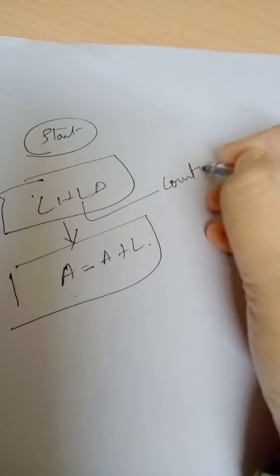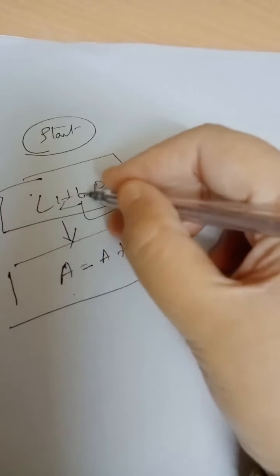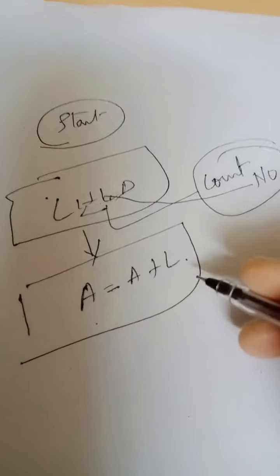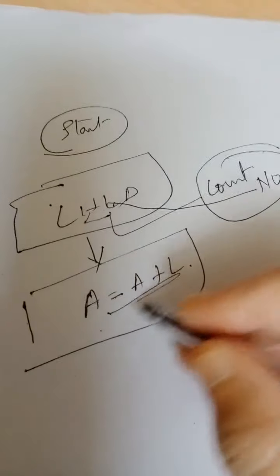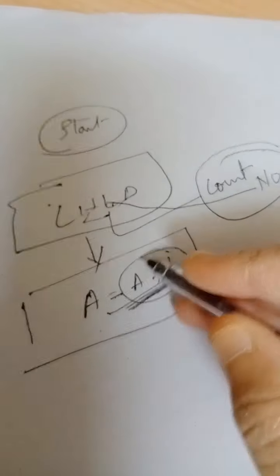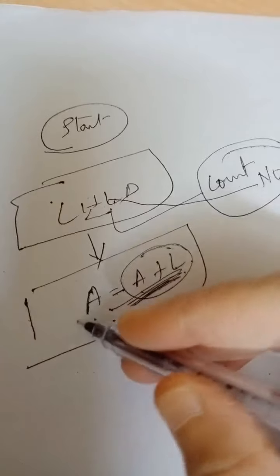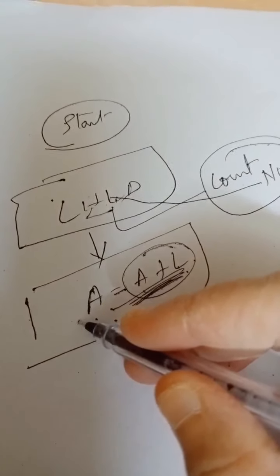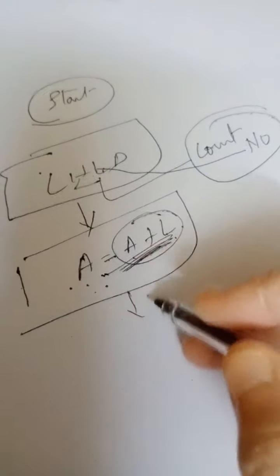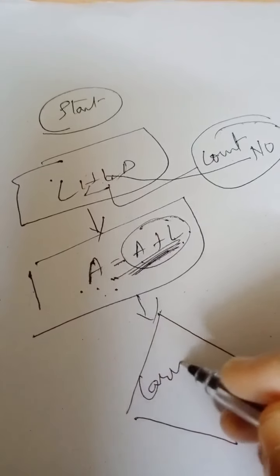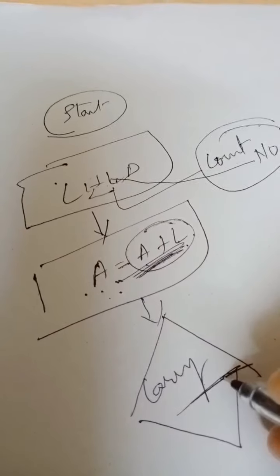Now in this, H is pointing to the count, and L is pointing to the number. Now we are adding the number with the accumulator. Accumulator is 0, and 0 plus any number, the answer will be that number, 2. So the accumulator number will be 2.